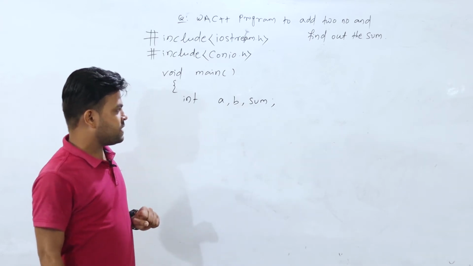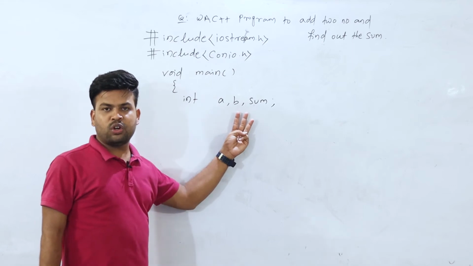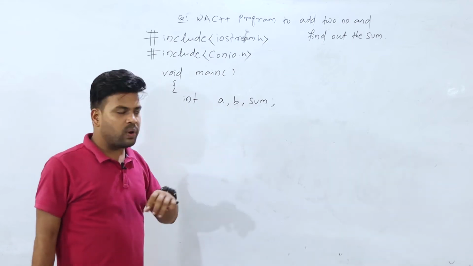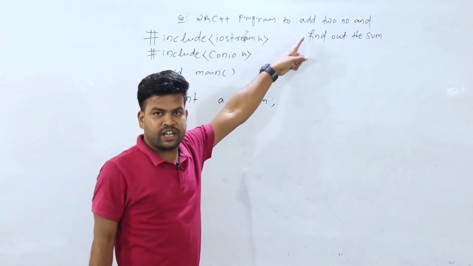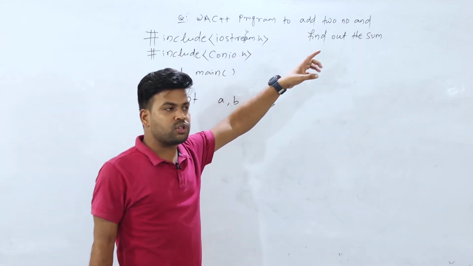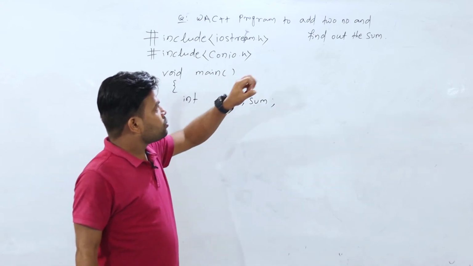One more thing is, why did I declare only three variables, not four or five? First you have to think about your question. How many variables will be required?